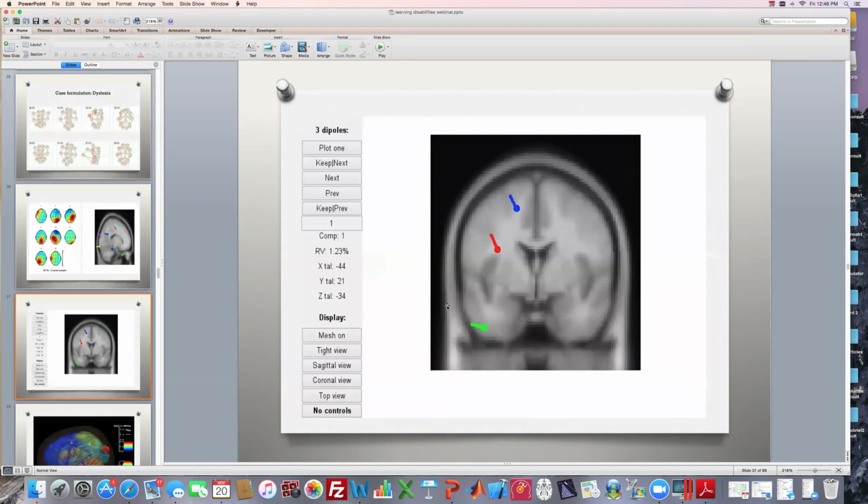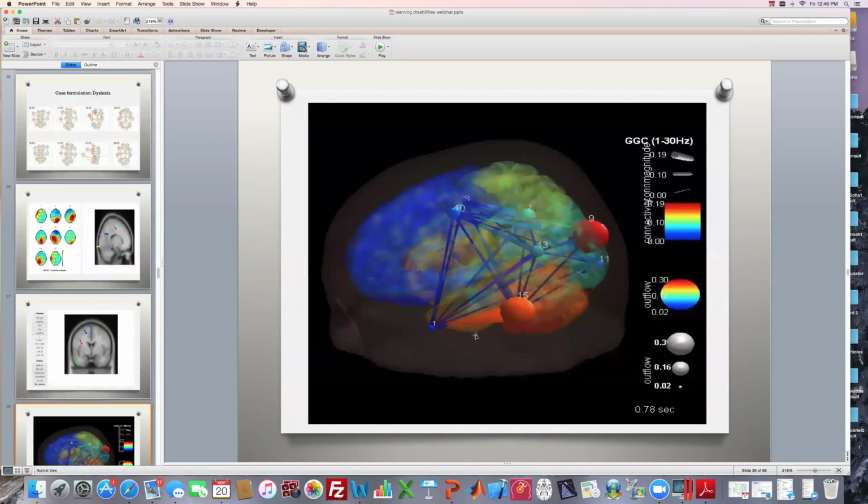We can choose the dipoles of the left hemisphere and then run what's called a Granger causality analysis on this and show that lines in dark blue and that are thinner and have smaller hubs are lower in coherence.